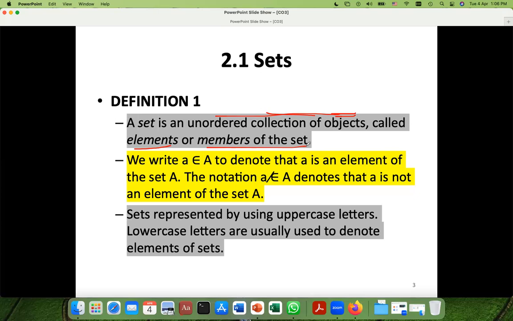So set is what now? It is a collection of objects, but unordered. And in this set, we have the elements, or you can say members of the set.